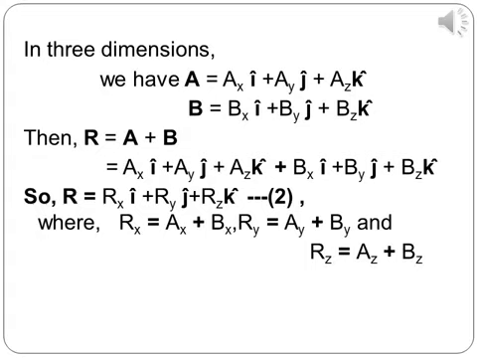So, this expression can be written as vector R is equal to Rx i cap plus Ry j cap plus Rz k cap, which is the expression 2, where Rx is equal to Ax plus Bx, Ry is equal to Ay plus By, and Rz is equal to Az plus Bz.